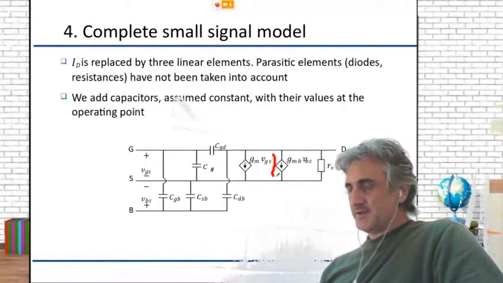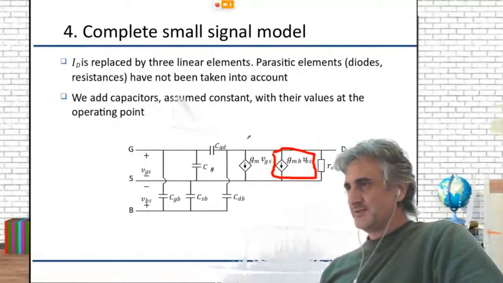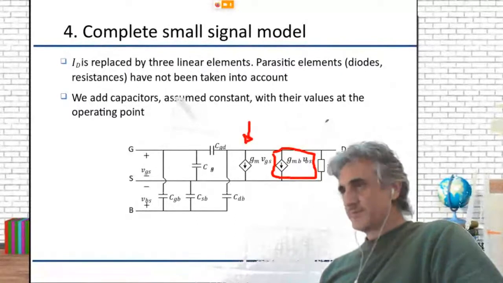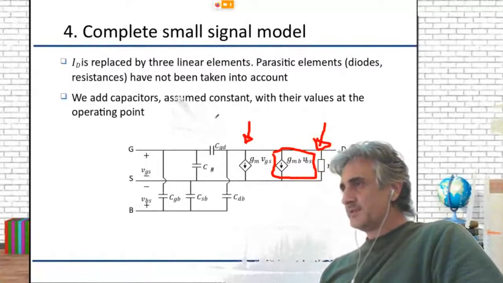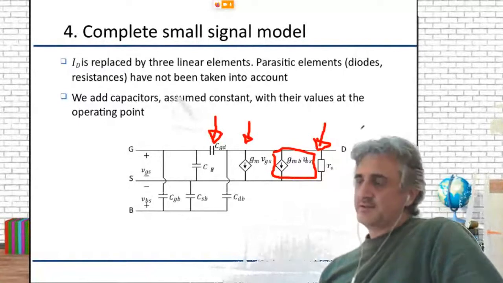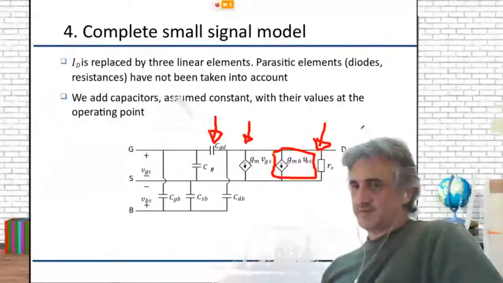This is the bulk transconductance, and this is the gm, the normal transconductance. What you always used were the output resistance, and most probably also this capacitance. All the other things are new to you, I think.